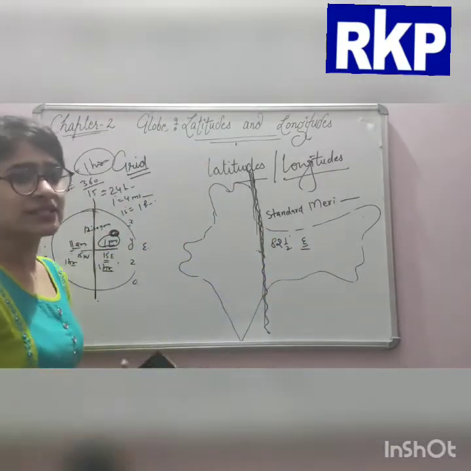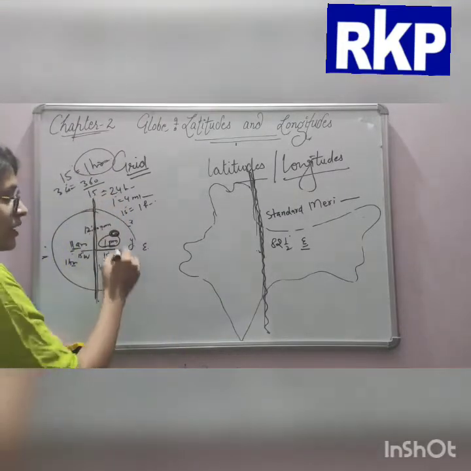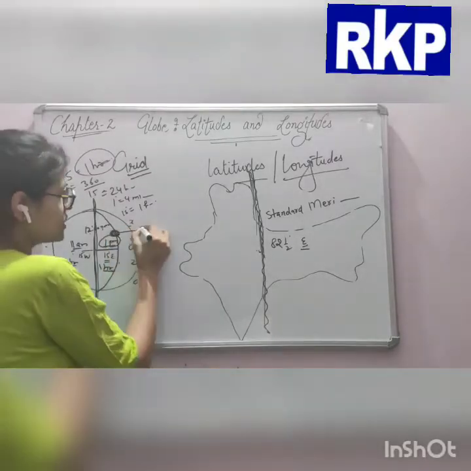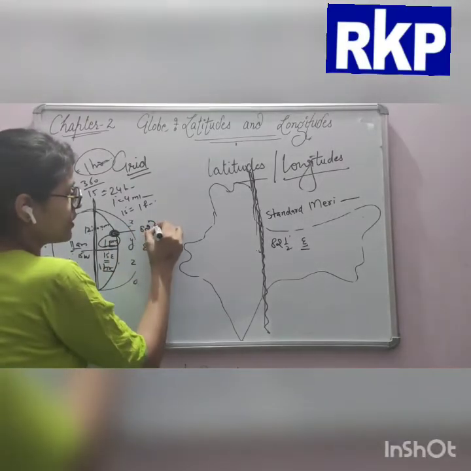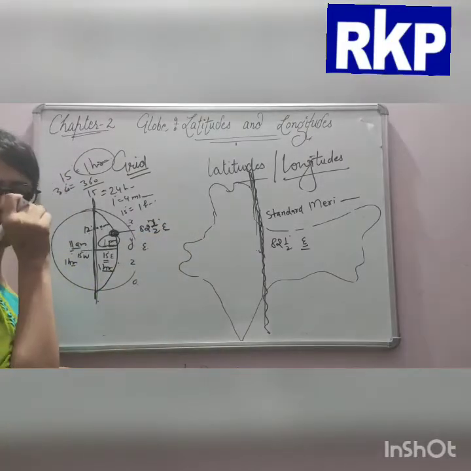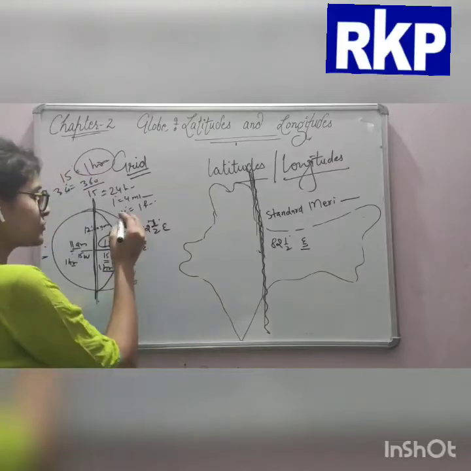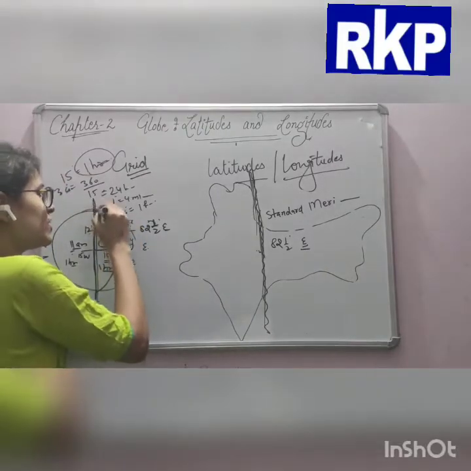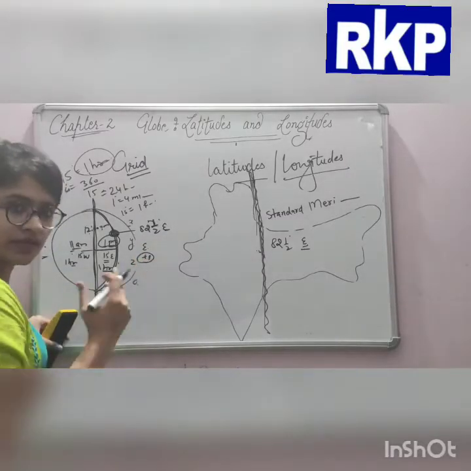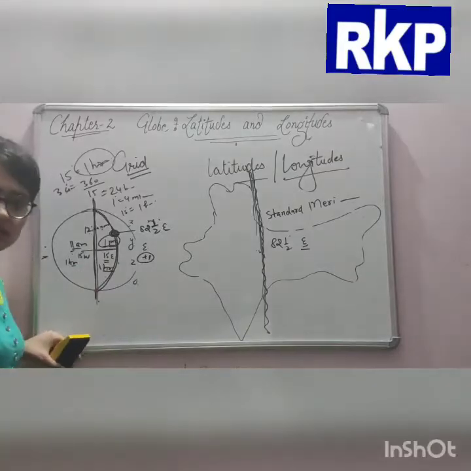The line which is the prime meridian, and the line which is going through India, is at 82 and a half degrees east. Clear? So obviously as we are going to the east side, time will be increased.